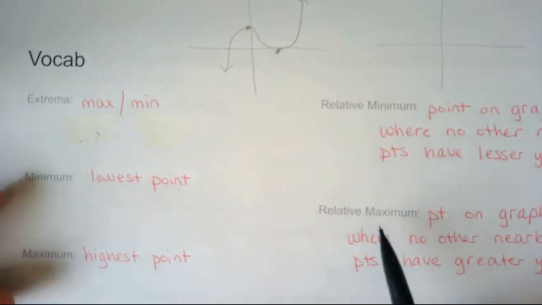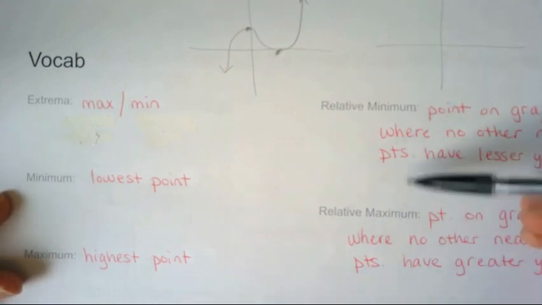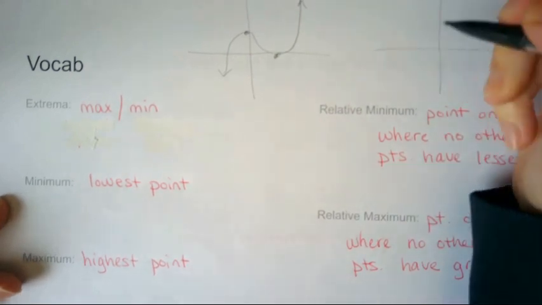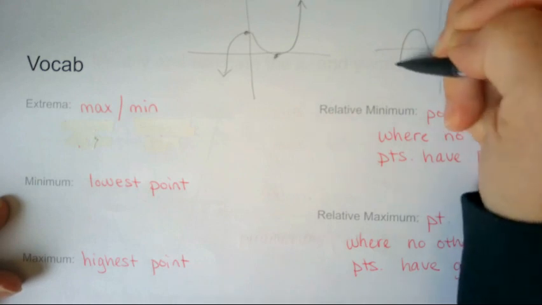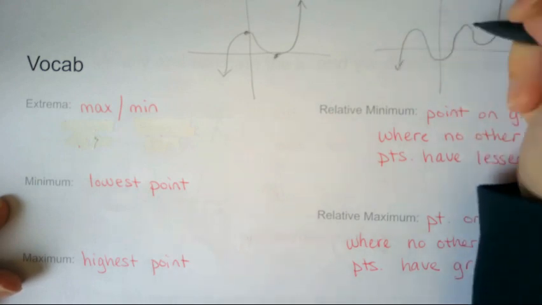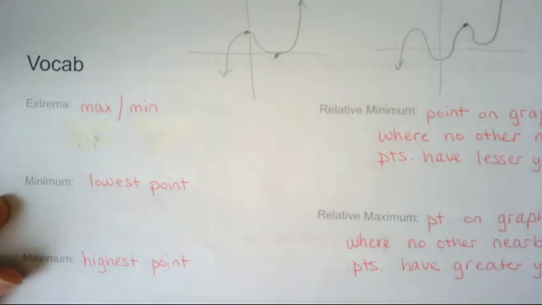So think of these as like the kings and these as the queens or the pawns, if you will, that are second in nature. So for example, something like this. This point here would be my maximum because it's one of the highest points.